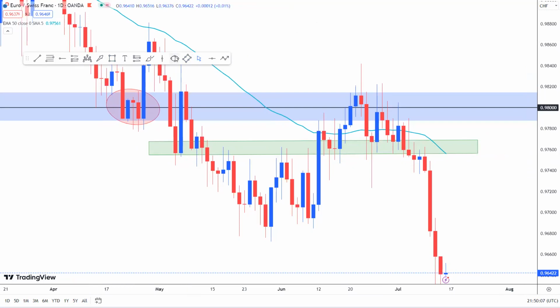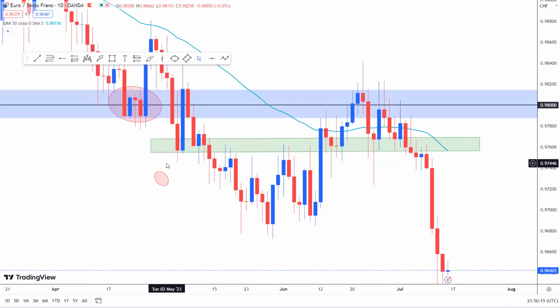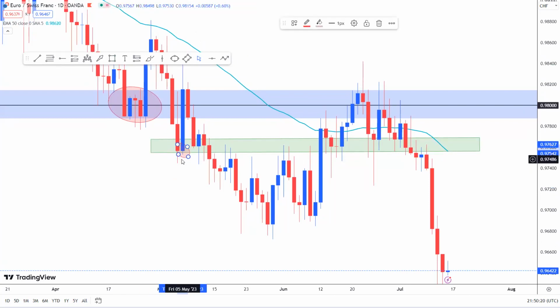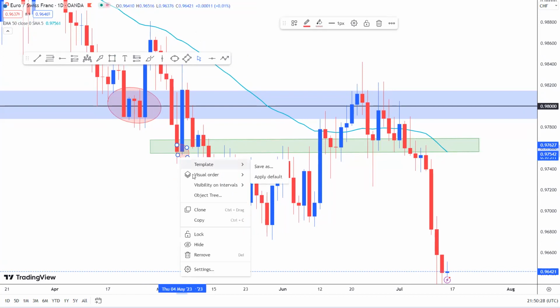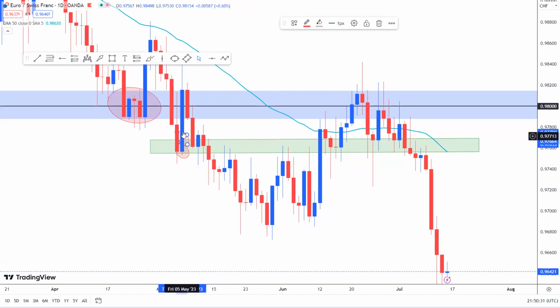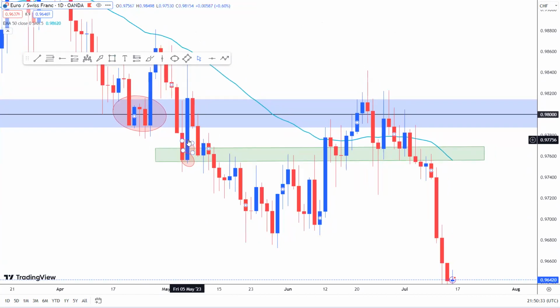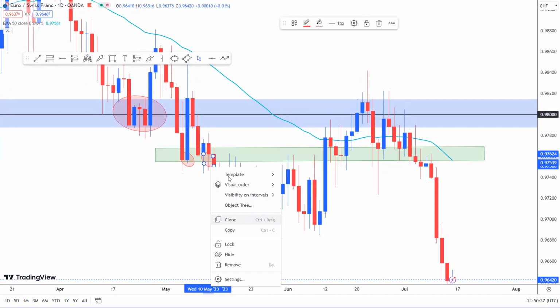And just like we did on the weekly time frame, you can see the level acted as a support right here. Also, we see again the level acted as a support right here.